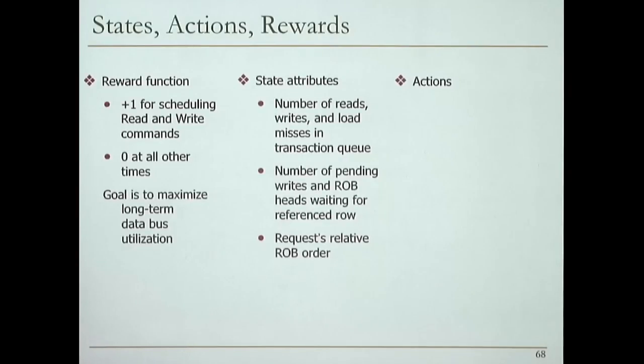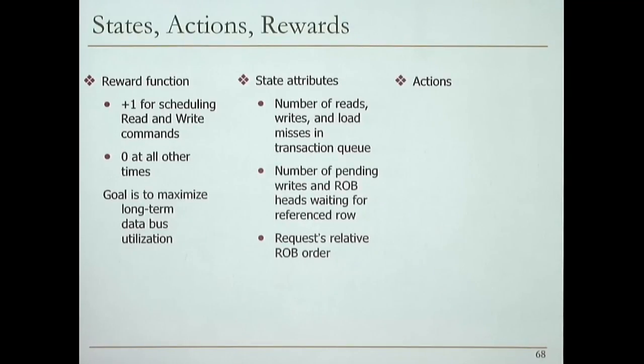But you could guess that this affects performance because writes and reads have this tension, as I discussed earlier. You cannot do a write while you're doing a read, and you cannot do a read while you're doing a write. And that's why the designer is still important in figuring out what possible state attributes to look at, to feed the feature selection algorithm.